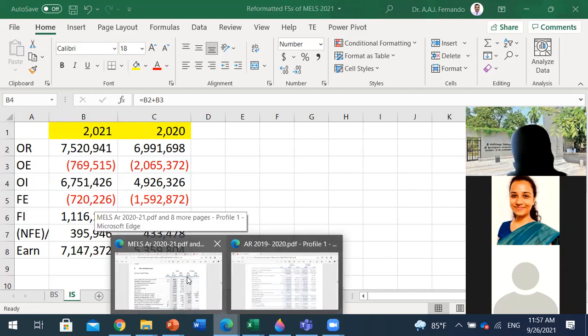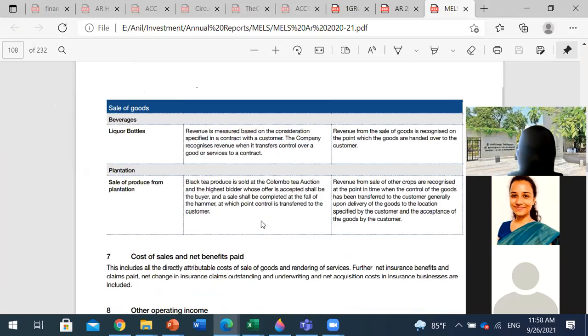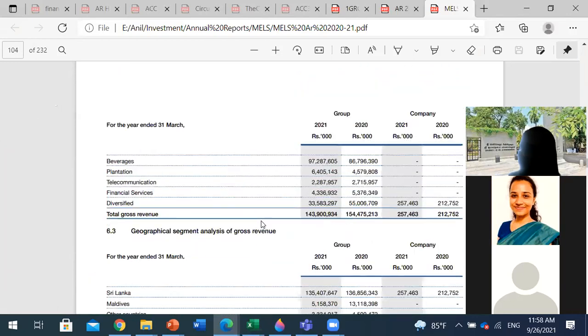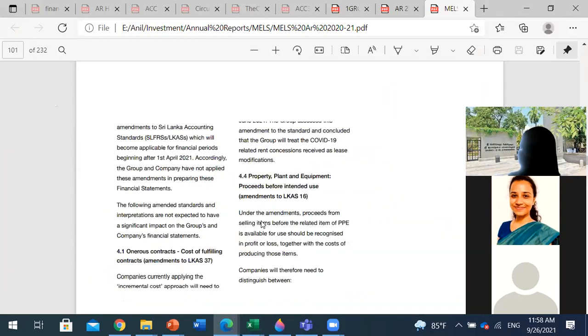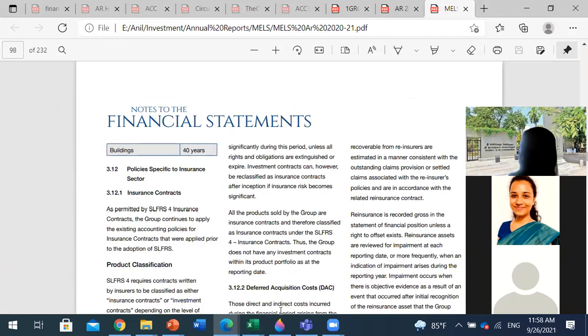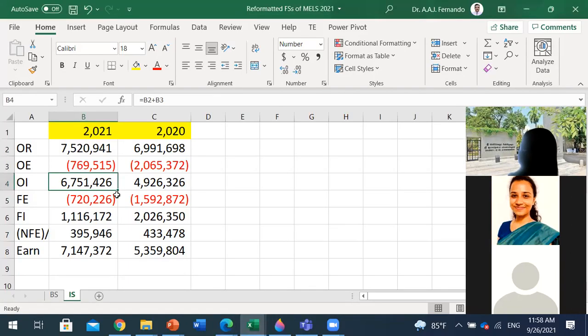Yes, because the annual report discloses that, right? Yes, in the profit and loss income statement. You can take it, no problem. If you want to analyze what the operating income is, and it is given in the income statement, directly trace it from there.